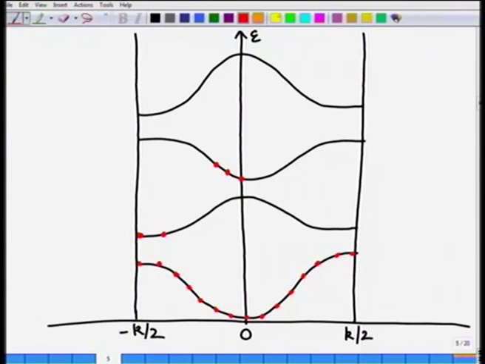So, I am going to draw this like this, and I am going to plot like this. This is when the electric field is applied.